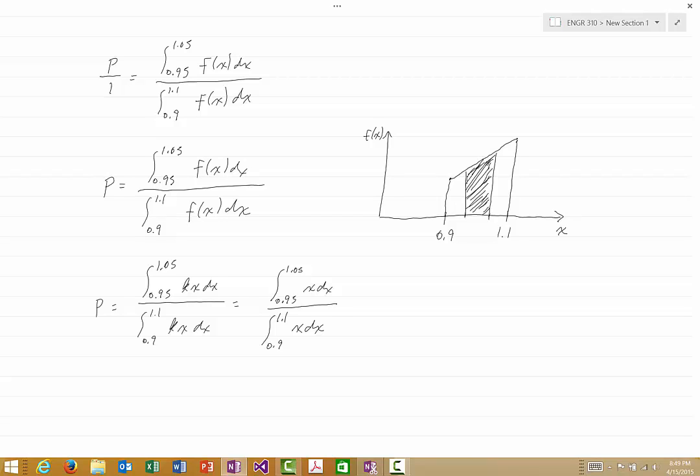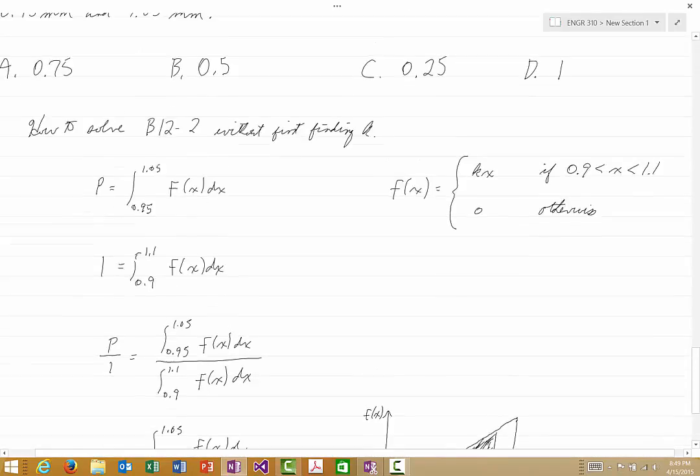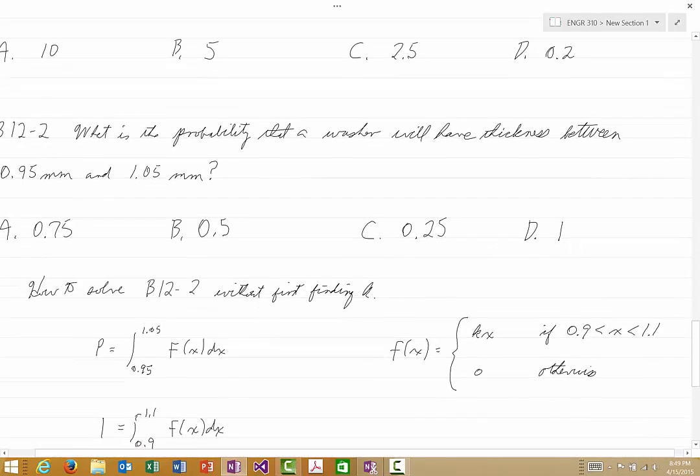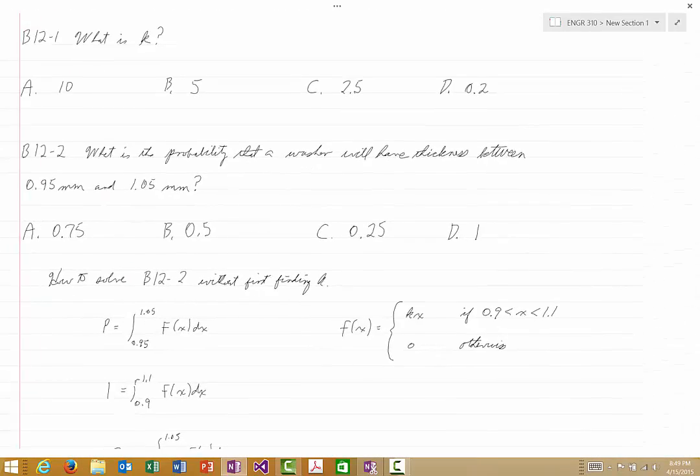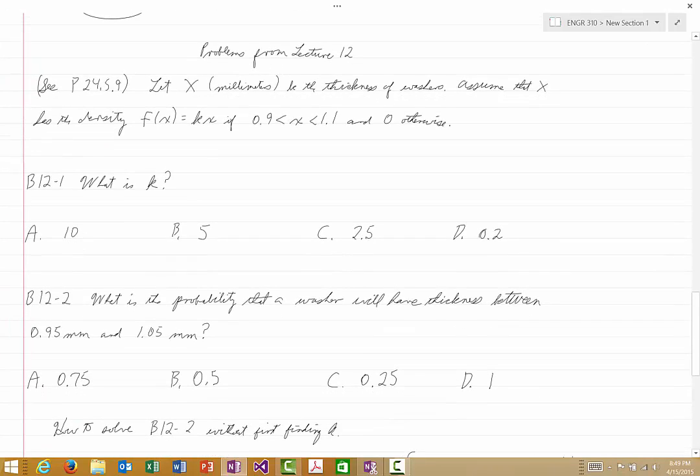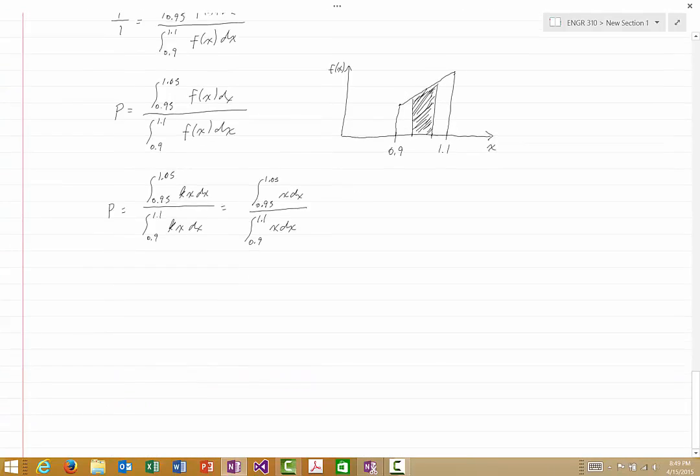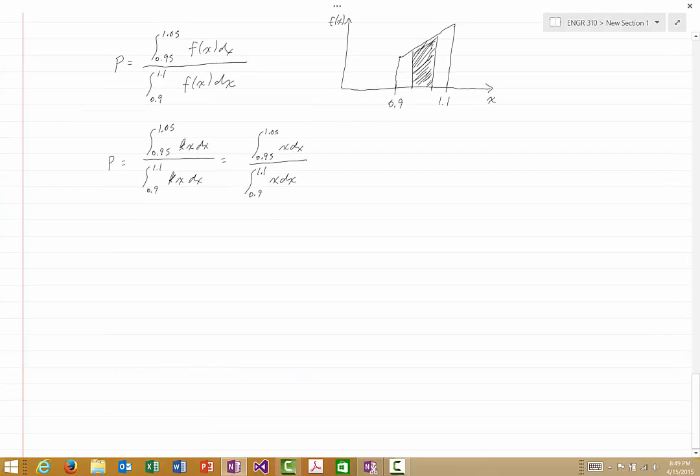Not that that would be a great deal more work, but it would save you a little bit of time. So that concludes our remarks about the problems from lecture 12, and now the problems for the present lecture, lecture 13.